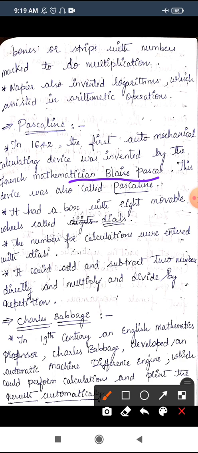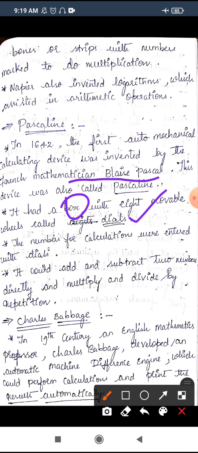It had one box which has 8 movable wheels, and those wheels are called dials.